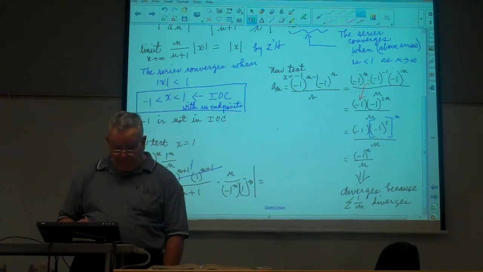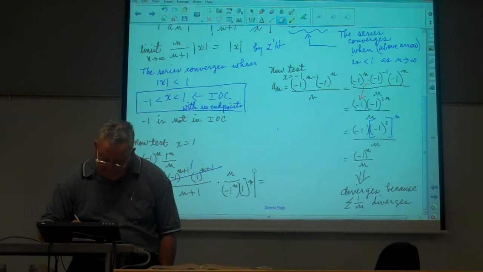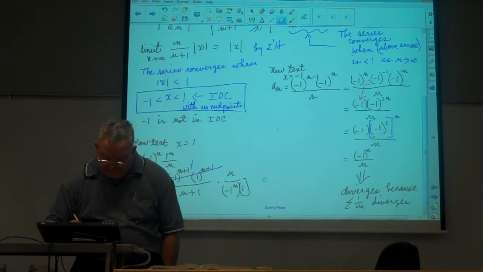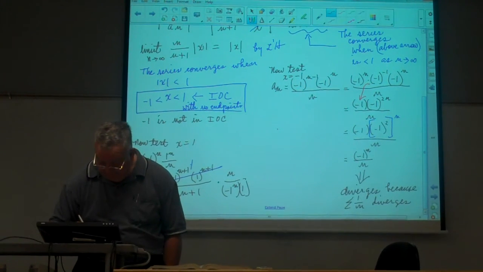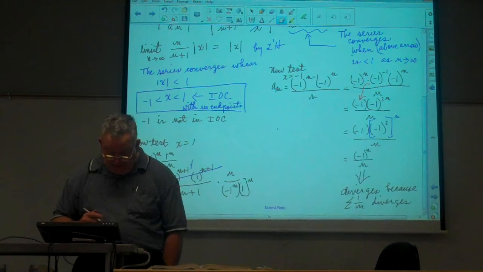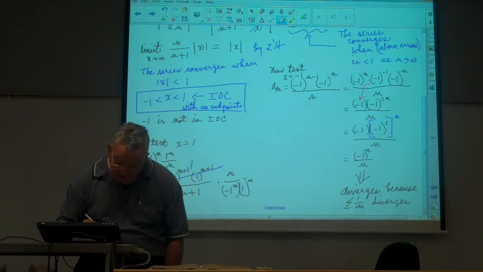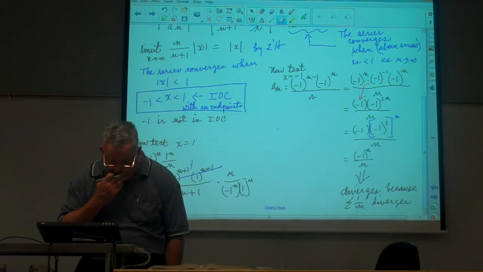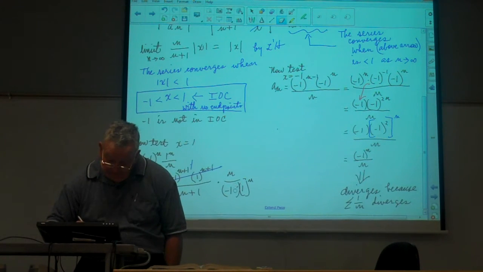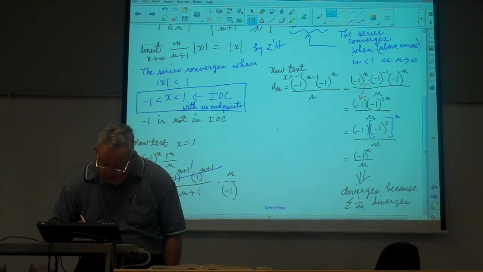Do we need that minus 1 after the first term on the a sub n equation, where it says negative 1 to the n? Let's see. Would it be negative 1 to the n minus 1? Let me get this right. This is minus 1 to the n, right?